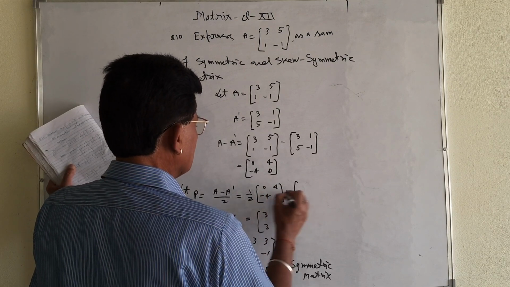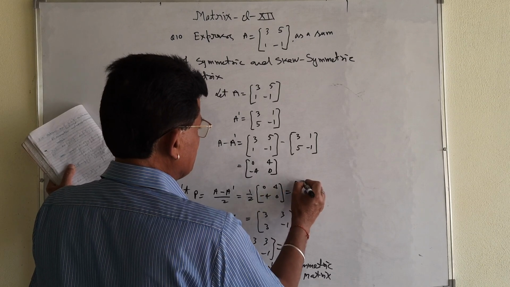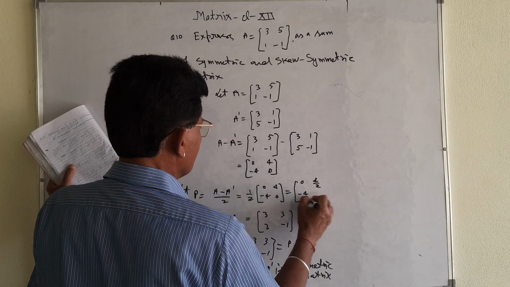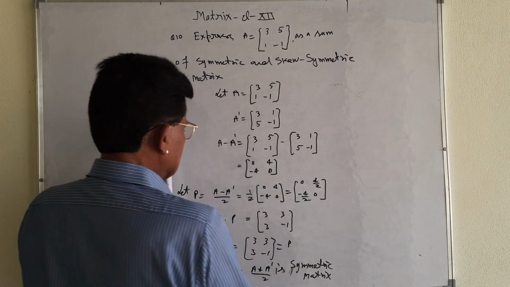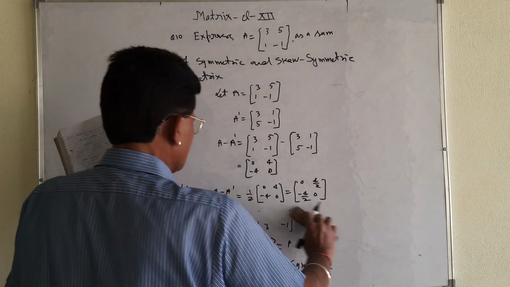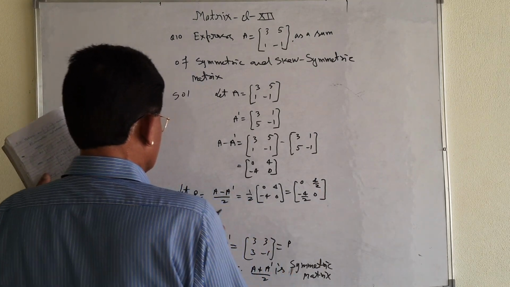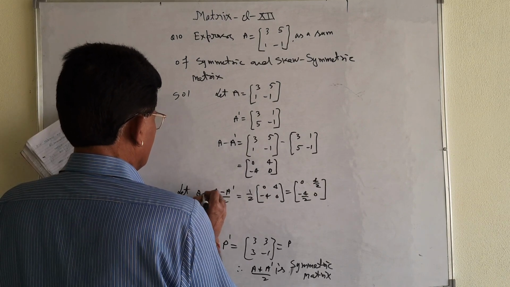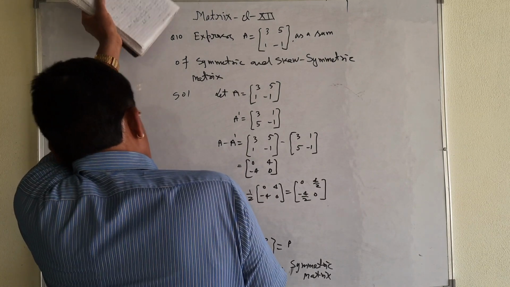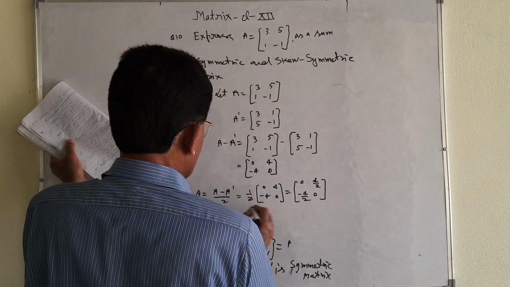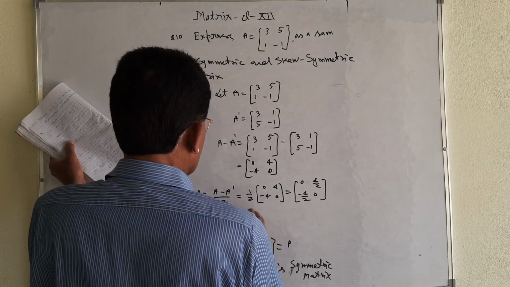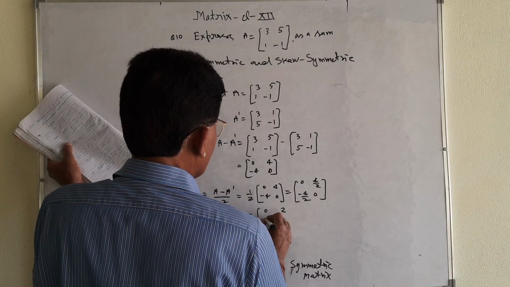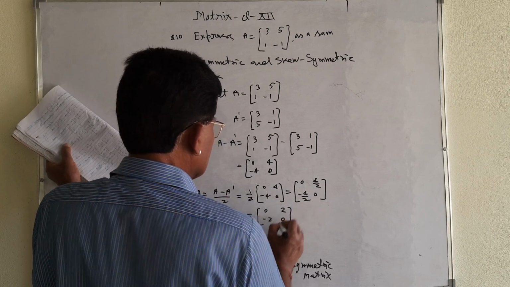You multiply 1 by 2 with each and every element: 4 by 2, -4 by 2, 0. I am going to change it. It is not P, it is Q. Q will be equal to 0, 2, -2, 0.